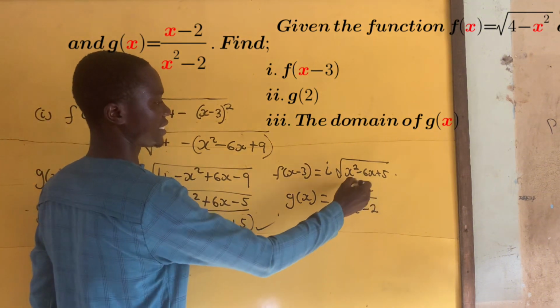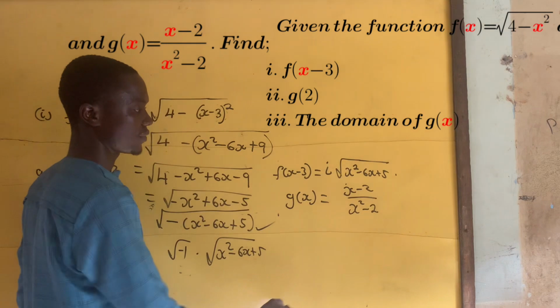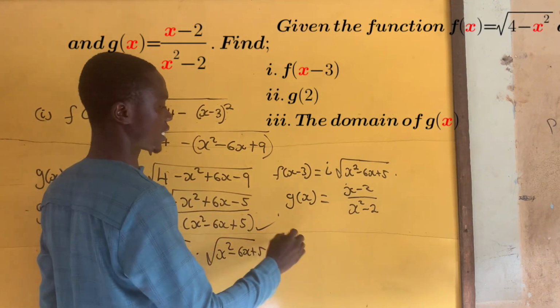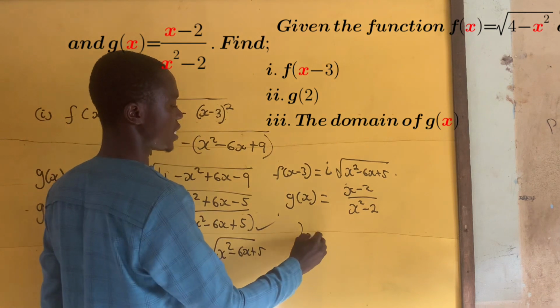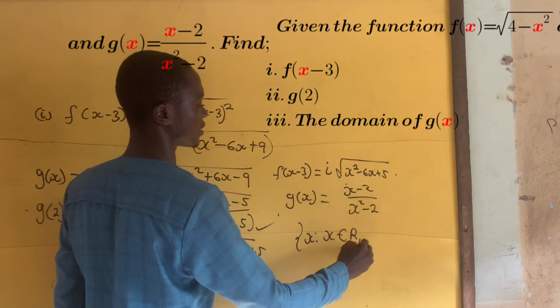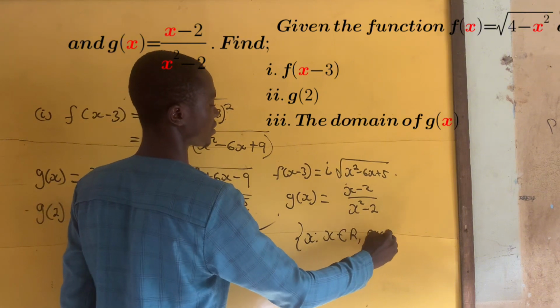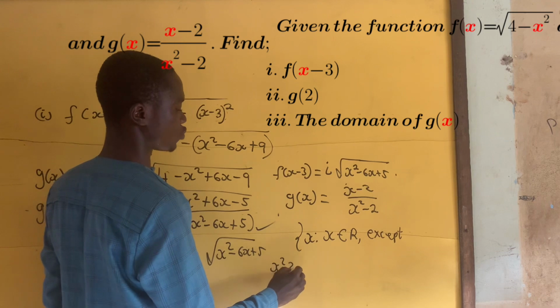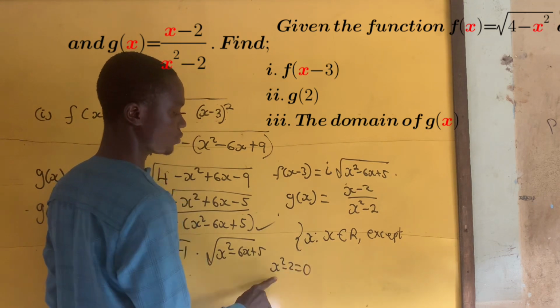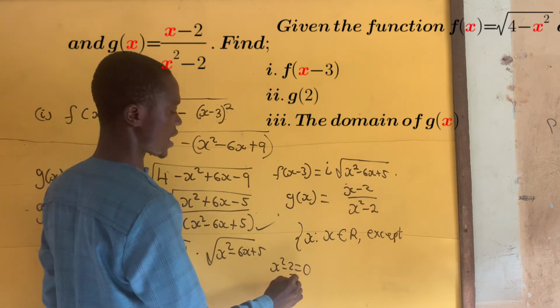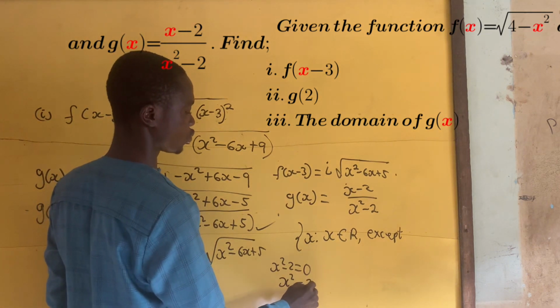Now the domain is this. You see that since this is a rational function, the denominator should not be equal to 0. So we can state the domain this way. x is such that x belongs to all real numbers except x squared minus 2 is equal to 0. So if this is equal to 0, I'm going to have x squared equals 2.